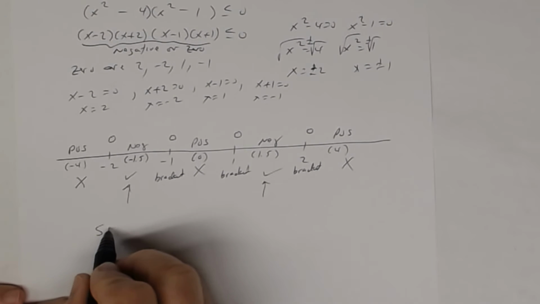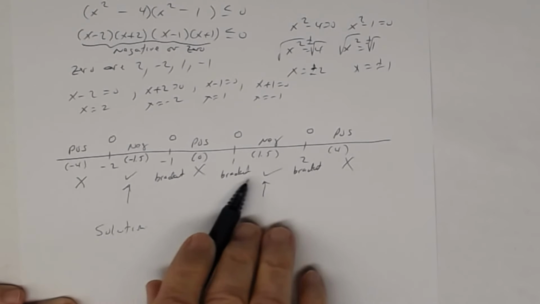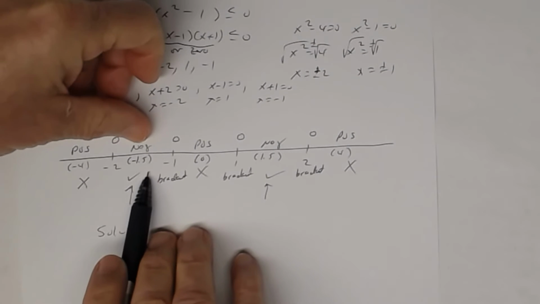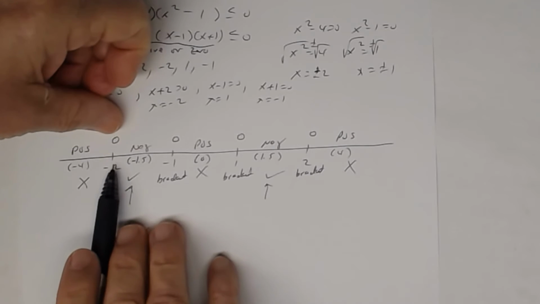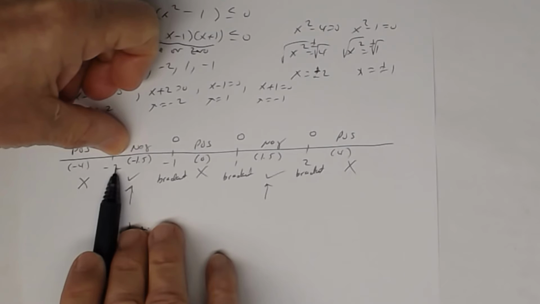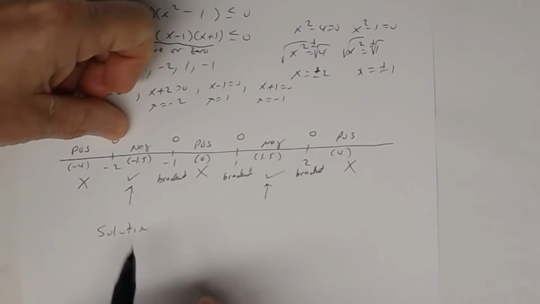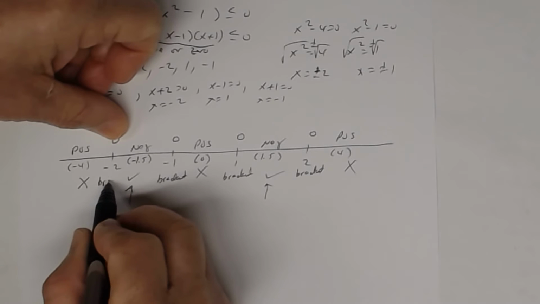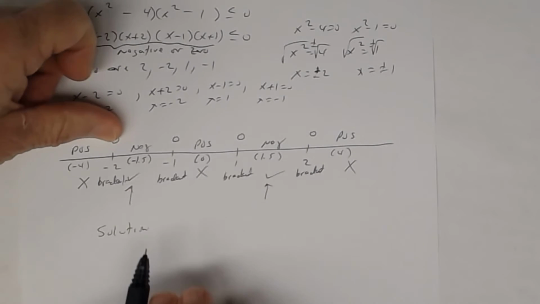So your solutions, remember there's an equal sign, so don't forget brackets. So your solutions are going to be from, make sure you read this correctly, you've got to use your zeros, not test points. So negative 2 to negative 1, okay, negative 2, and I forgot to put a bracket here as well. So every time you have those zeros, you've got to put a bracket because of the equal sign.